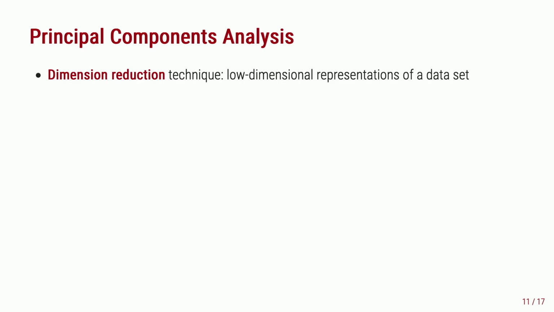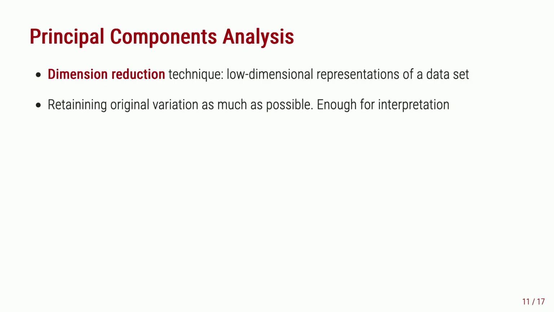So it creates a low dimension representation of the data set by retaining the most amount of variation in the data. It's widely used. And you should have, ideally, numerical data.